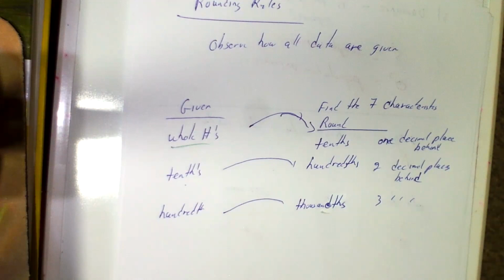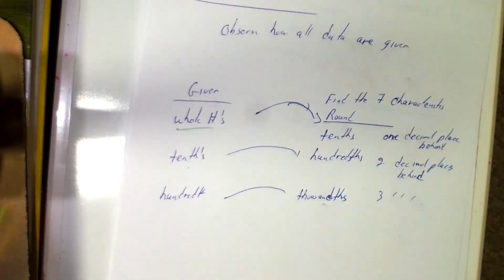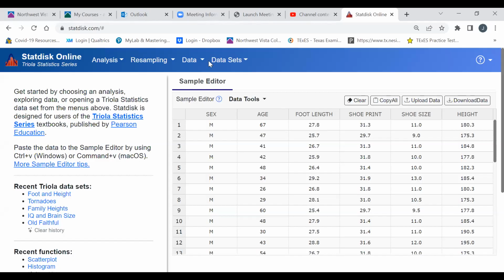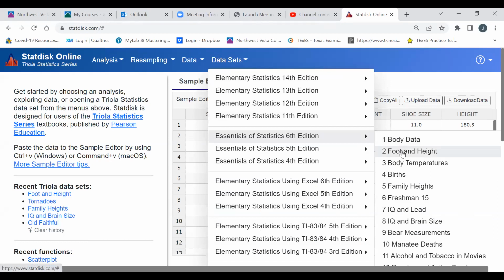Okay. Now let's do an example, so you can see how those rounding procedures work. Let's go back to our data for StatDisk, and we're going to do the foot lengths. So I went to data sets, 6th edition, and picked foot and height.